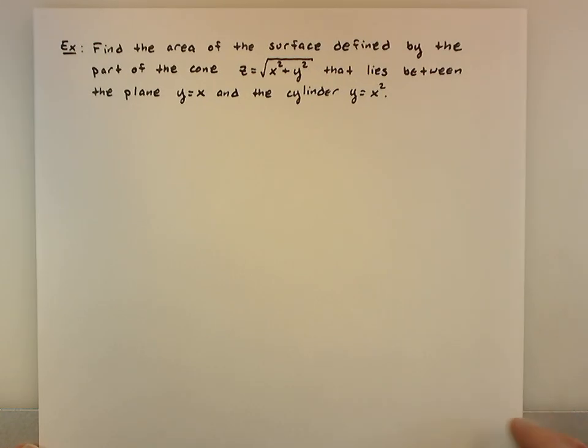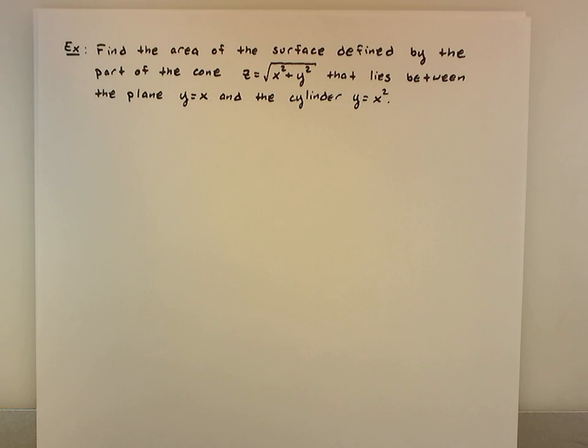So example, find the area of the surface defined by the part of the cone z equals the square root of x squared plus y squared that lies between the plane y equals x and the cylinder y equals x squared.